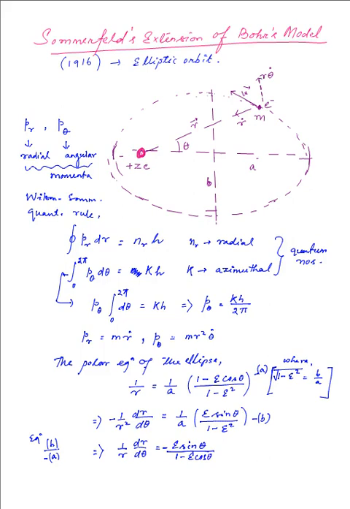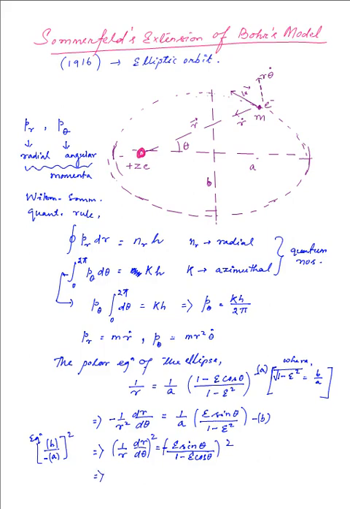It seems pretty simple: minus e sine theta divided by 1 minus e cos theta. And if I square it further, what do I get?